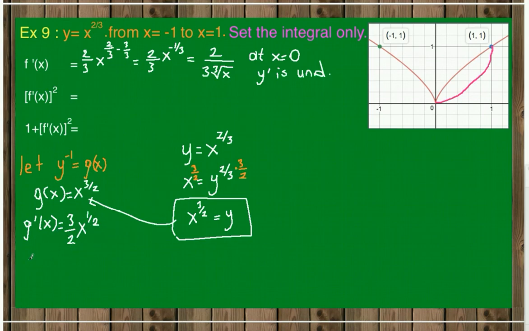Now we're going to square this quantity, g prime of x squared. 3 over 2 squared is 9 over 4, and x to the 1/2 squared is x. Now we're going to add 1 to this quantity.